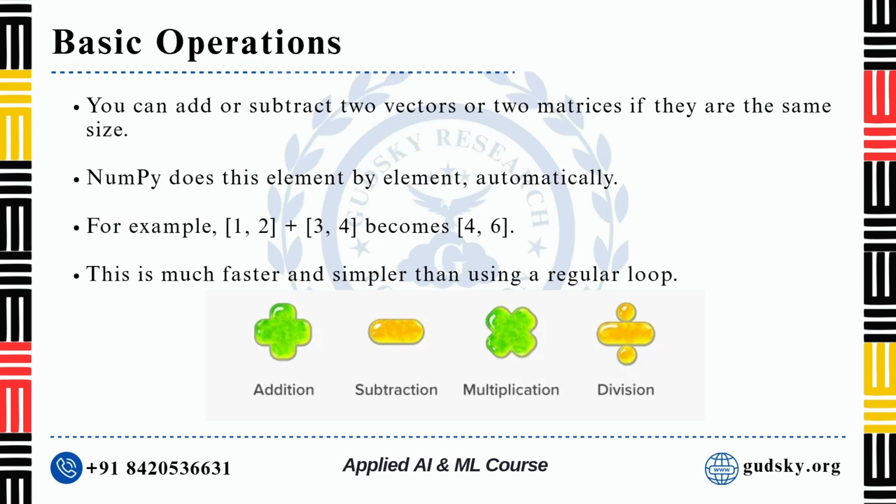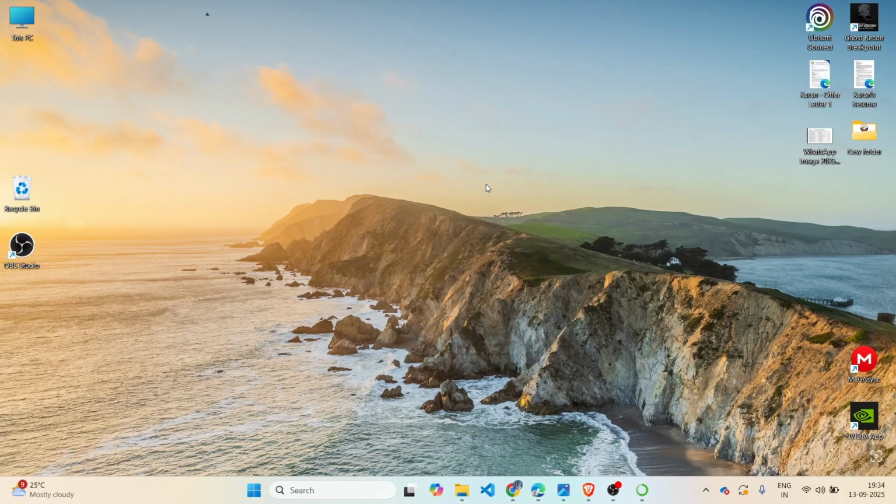NumPy automatically does the calculation for us, adding or subtracting each element in the first array with its corresponding element in the second. This is so much faster and more efficient than trying to do it with a regular Python loop. Let's see how it works.